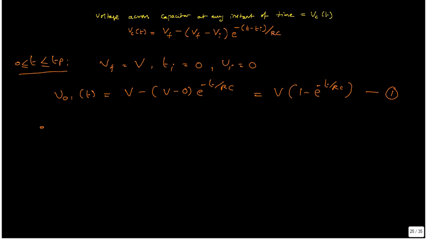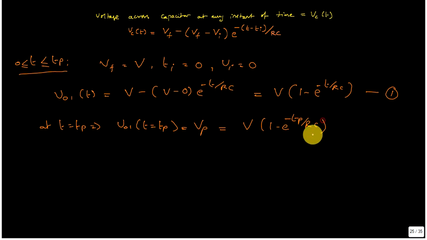And at the end of Tp, that is at t equal to Tp, we know V01 of t at Tp is equal to Vp. Substitute this value in equation 1. So we can write Vp as V into (1 minus e power minus Tp divided by Rc).